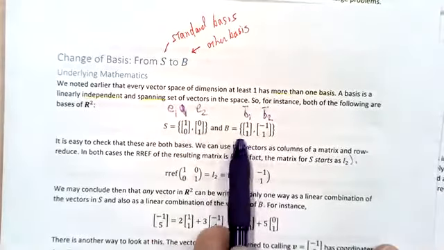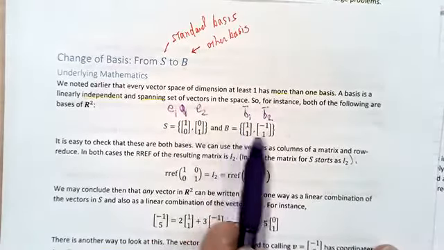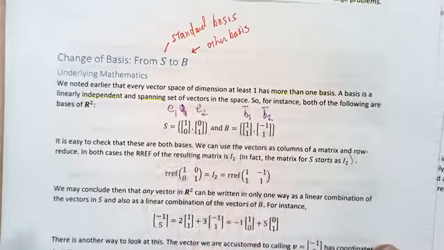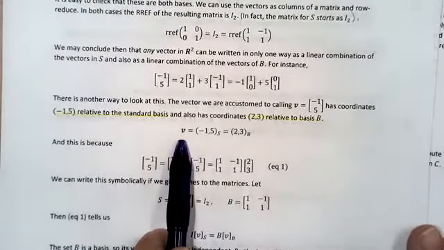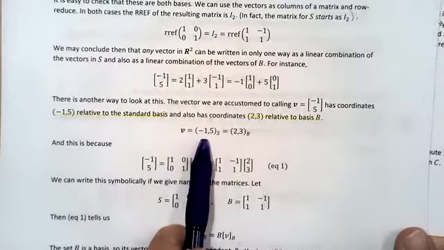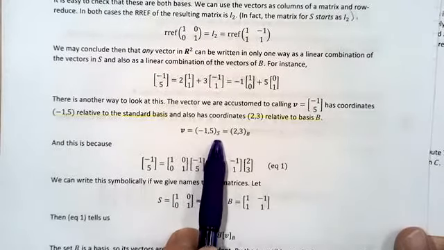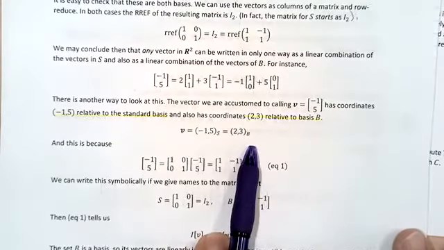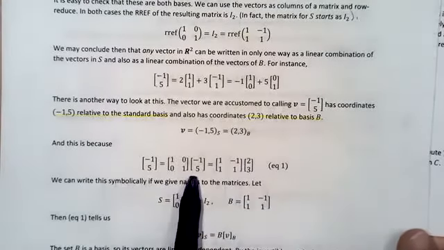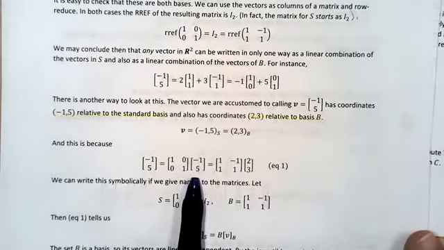All right, now we know that relative to these two bases, the standard basis and this basis B that has (1, 1) and (-1, 1) as its basis vectors, a certain vector, which we're calling V, could be described as (-1, 5) relative to the standard basis and (2, 3) relative to this alternate basis B. And you can also look at this as matrix multiplication, in other words, as a linear transformation.